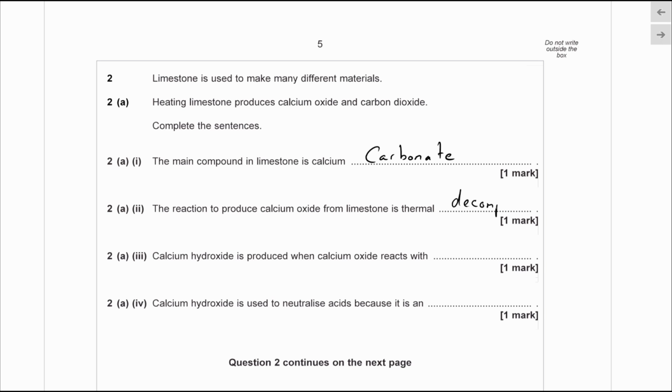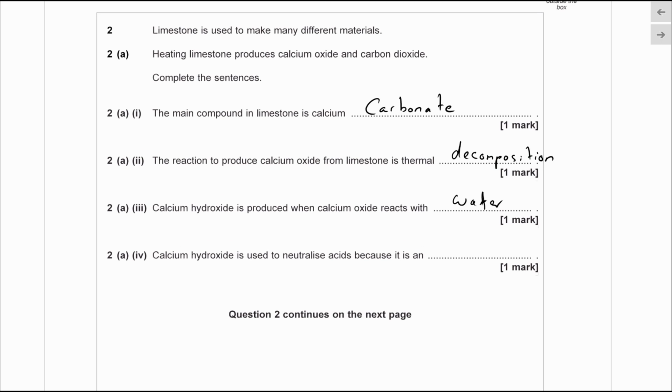Because you break down one substance into more than one substance. So it's decomposed using heat is thermal decomposition. Next, calcium hydroxide is produced when calcium oxide reacts with, well, hydroxide. The hydro there gives you a clue, and it is reacting with water, right? Hydroxides aren't always formed by reacting with water, but that is one way that they're formed.